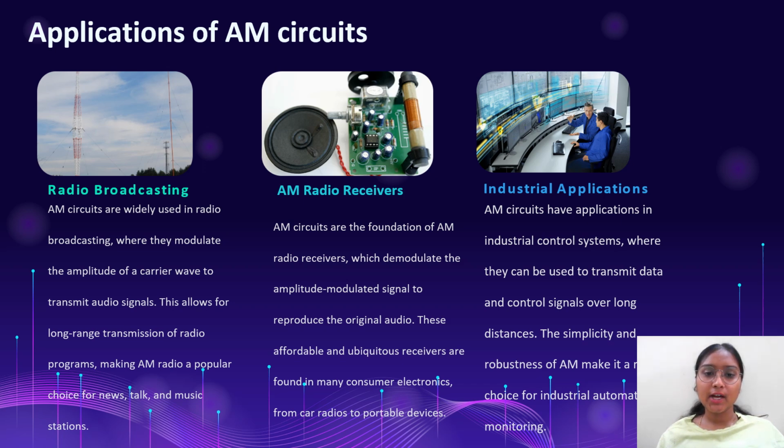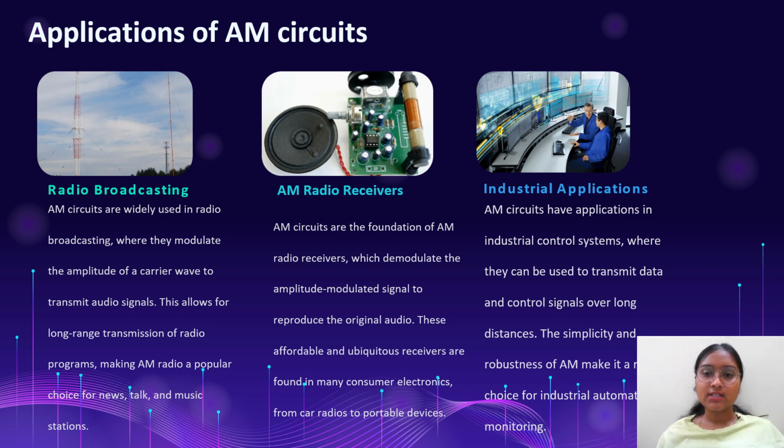Second one, AM radio receivers. AM circuits are the foundations of AM radio receivers which demodulate the amplitude modulated signal to reproduce the original audio. These affordable and ubiquitous receivers are found in many consumer electronics from car radios to portable devices.